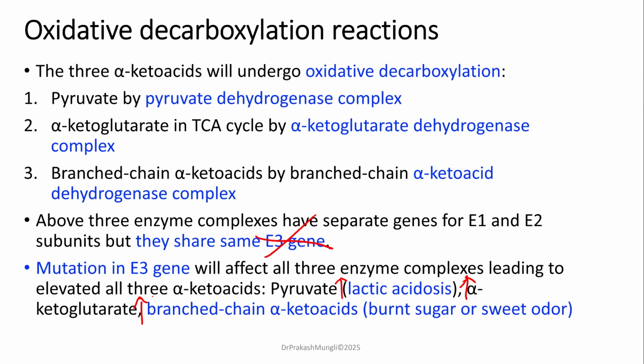That is one of the clues for you to recognize there is an issue with branched chain amino acid metabolism. So this is what happens with E3 subunit gene mutation. Remember that. If you see all three of them down together, E3 must be mutated. That is how you should approach these questions.